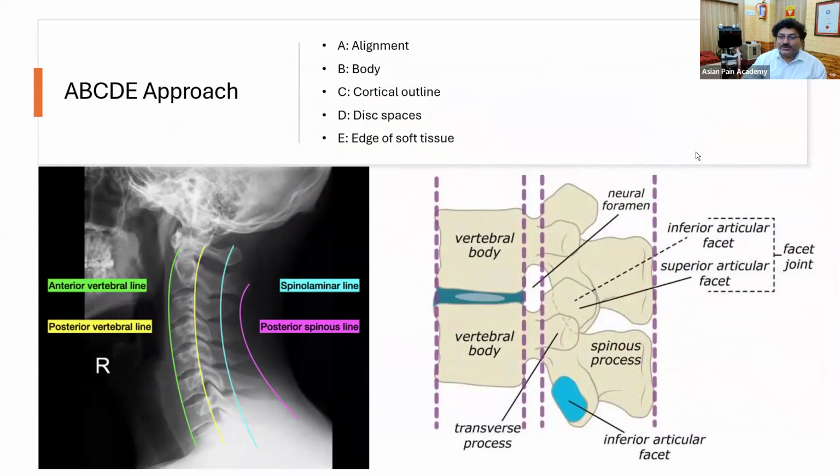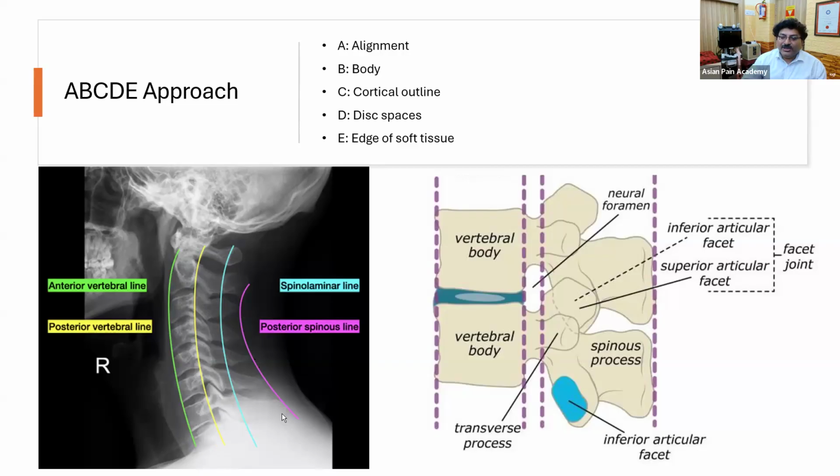So what are we going to see in an X-ray? First of all, A for alignment. We will check whether the alignment is proper or not. We look at the bony alignment by looking at the anterior vertebral line, depicted in green, the posterior vertebral line, shown in yellow, then the J line, which we also call the spinolaminal line, and the posterior spinous line.